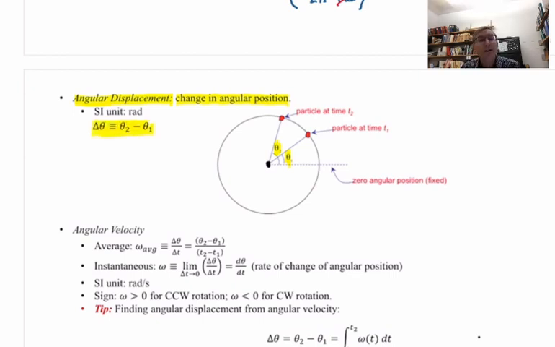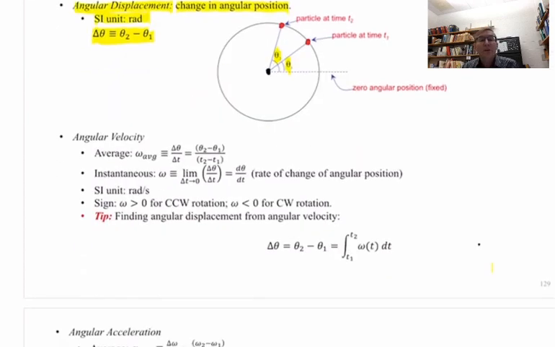Or, using my picture here, theta 2 minus theta 1. Right? Final angular position minus initial. The SI unit would be the SI unit of angular position, because theta 2 and theta 1 are in radians. So theta 2 minus theta 1 is in radians. So the SI unit of angular displacement is also the radian. All right? That's just angular displacement.